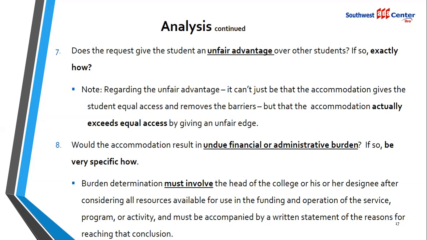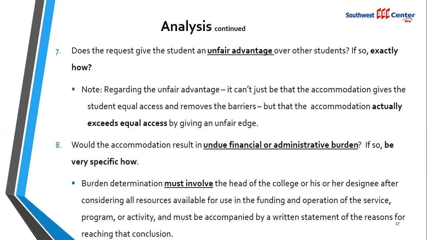Number 8. Would the accommodation result in an undue financial or administrative burden? If so, be very specific how. Now, as we talked about earlier in the training, this is a pretty big deal to claim this.